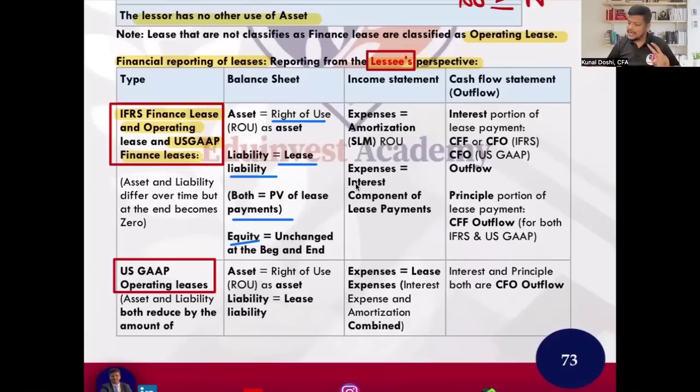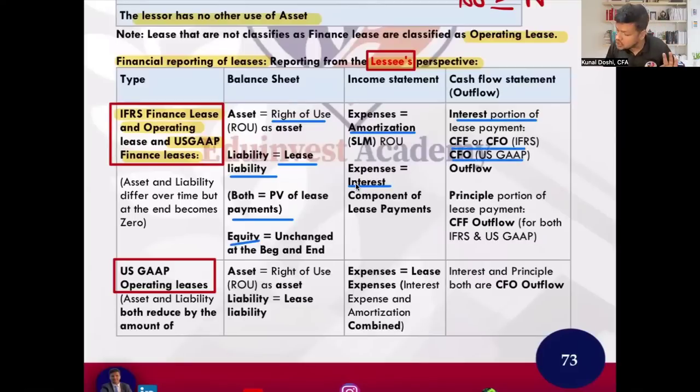Clear? Later on, the asset is amortized on a straight-line method, and the liability is like a bond. It's like a debt. When you repay the liability, you pay an interest component and a principal component. That interest component, remember in cash flow, interest that is paid is CFO under US GAAP, and under IFRS it is CFO or CFF.